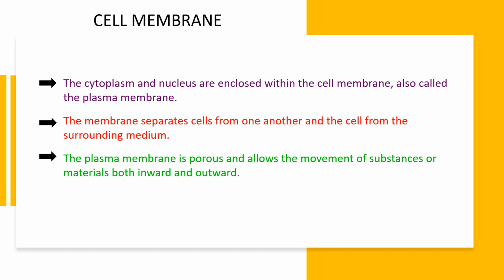So a cell membrane is the outermost covering of a cell which protects the cell from other cells, and it is a porous membrane, also known as the plasma membrane. Its function is that it allows the movement of substances in and out of the cell.